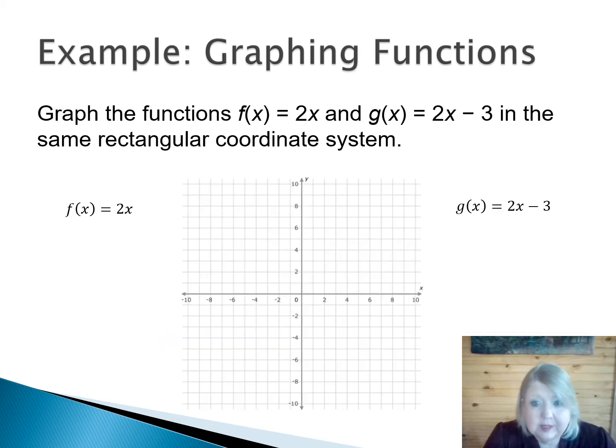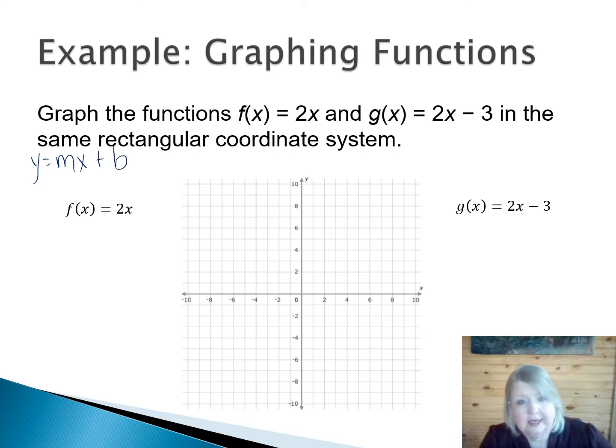We're going to graph the same two equations again, but this time we're going to use what we know about linear functions. I know that linear functions are of the form y equals mx plus b. Then the slope is m and the y-intercept is b. So here I consider this to be a +0. So my y-intercept is 0. My slope is 2.